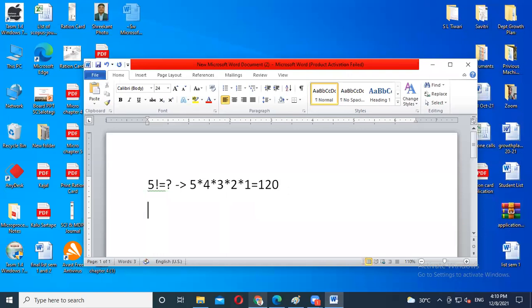So how to calculate 8 factorial? What is the value of 8 factorial?